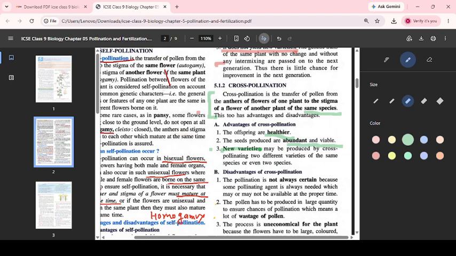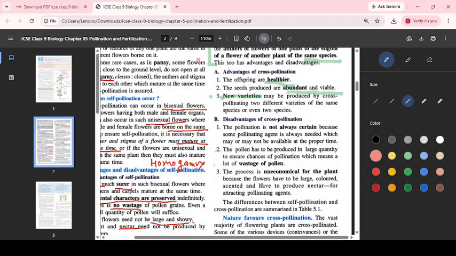Now, what are the disadvantages? Cross-pollination needs agents for pollination, and these agents could be air, water, or insects. Until the air, water, or insects reach the site of pollination, the pollen grains cannot be transferred from anther to stigma.